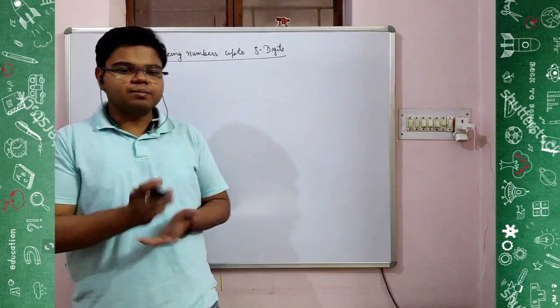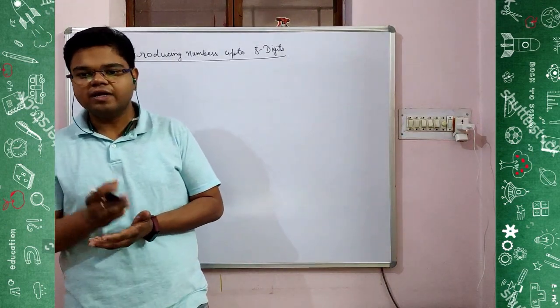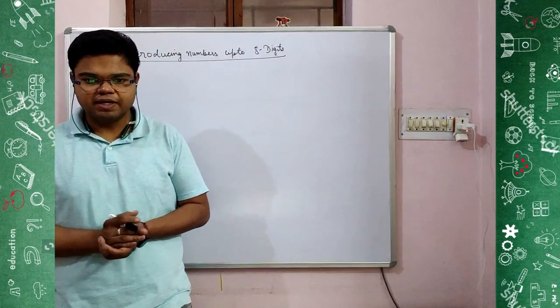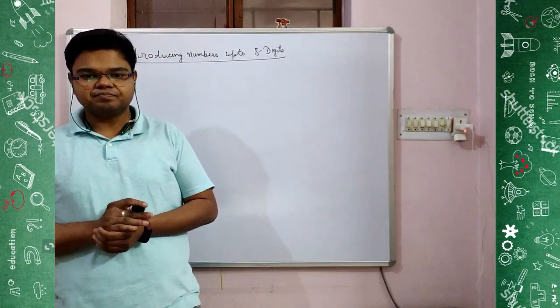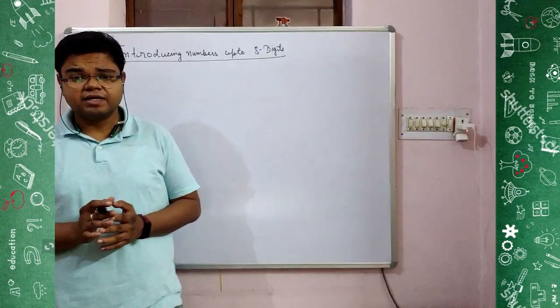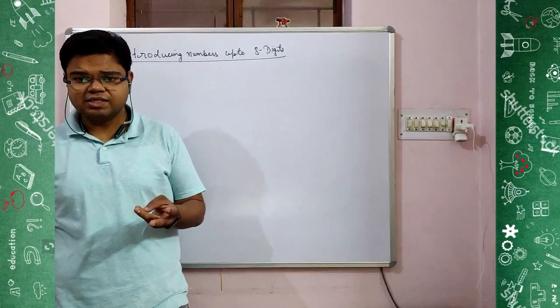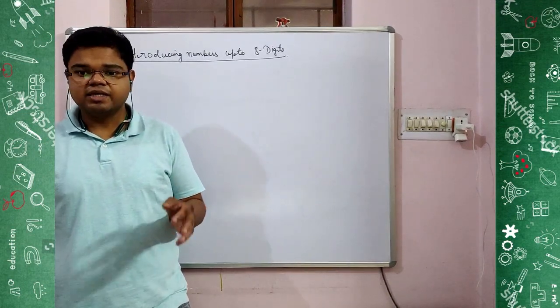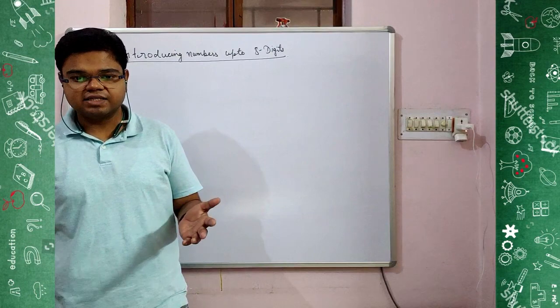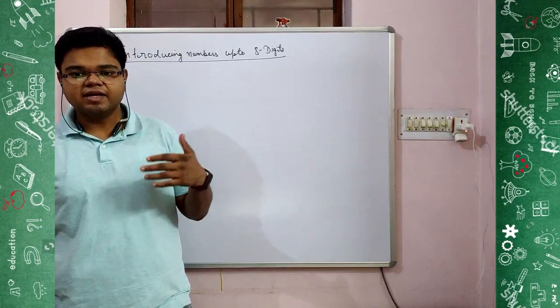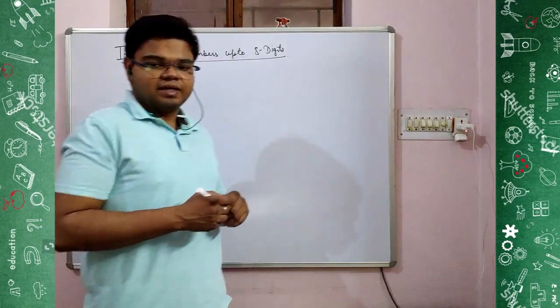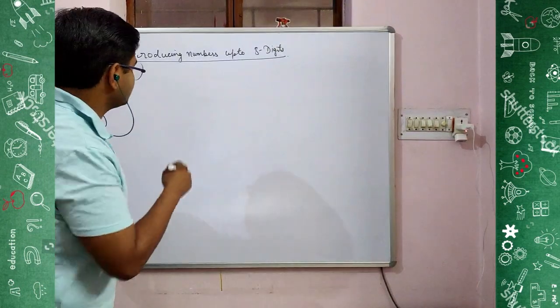Every number is divided into groups, and those groups are called periods. So in the Indian system, starting from the right, the groups are called ones or units, then thousands, then lakhs, then crores, and then Arabs. Now, let us look further into this topic.